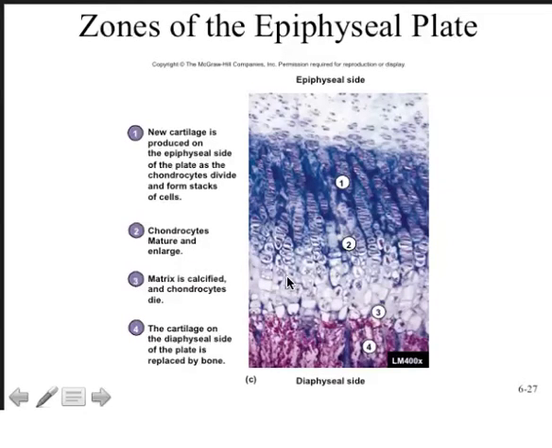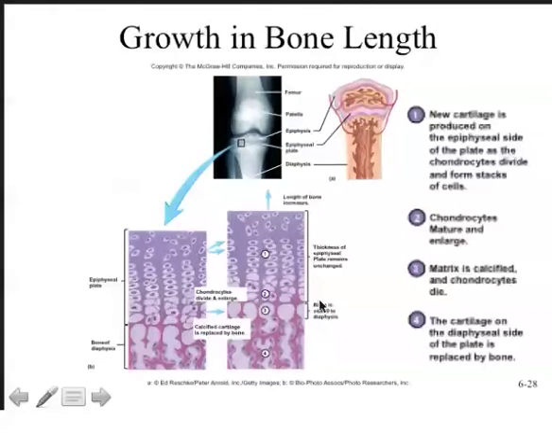In zone 4, this is the diaphyseal side of the epiphyseal plate, and what's happening here is that bone is replacing cartilage, and this process continues again till the end of puberty. And all you're looking at here is just a comparison of what we were looking at in an electron micrograph with an actual diagram, and it's showing you the same set of zones.